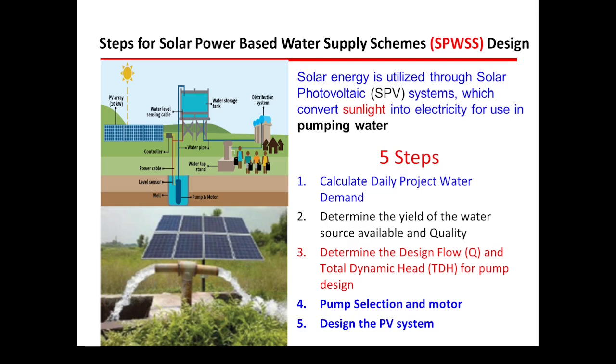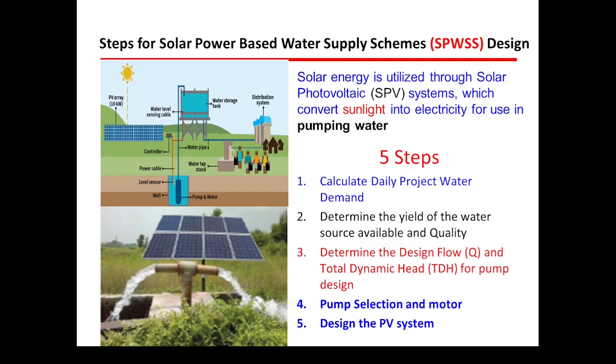Through this step number 4 of pump selection by using the manufacturer software tools, it provides us a pump curve, which will help you to identify the most suitable pump.